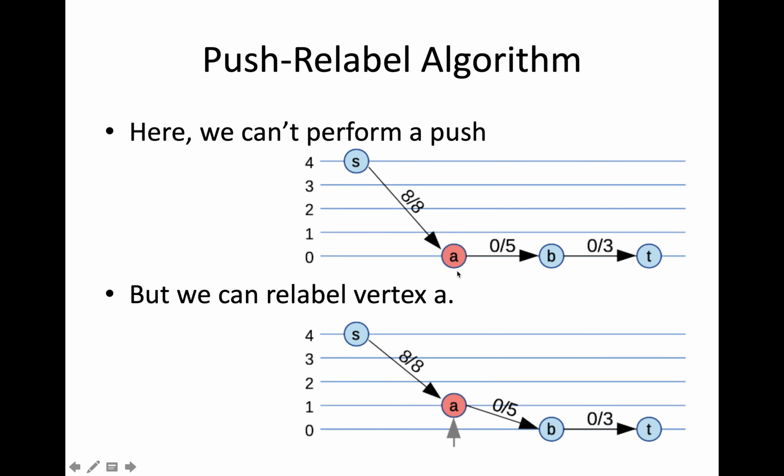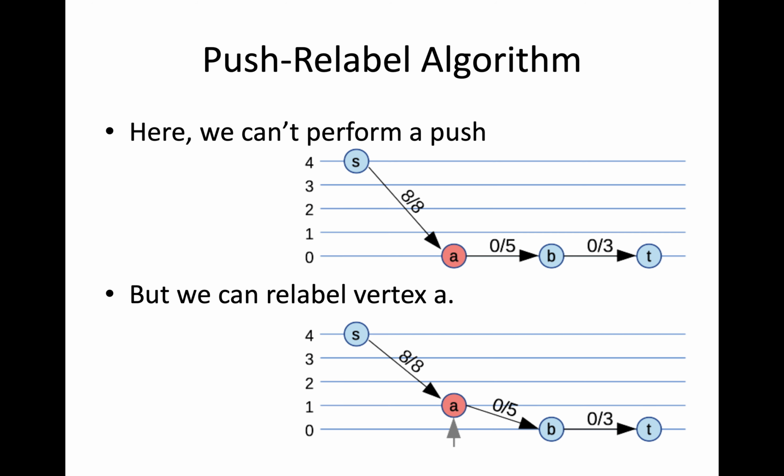Remember, relabel is when you have an overflowing vertex. It's got an edge to one of its neighbors with some residual capacity, and for the relabel operation, you increase the height of that vertex, here vertex A, to be one more than its lowest neighbor to which it has some residual capacity.